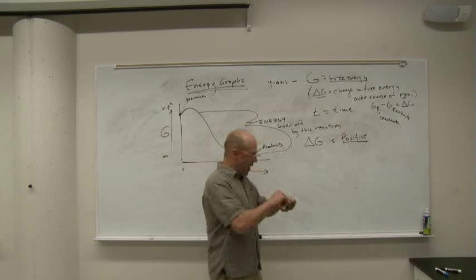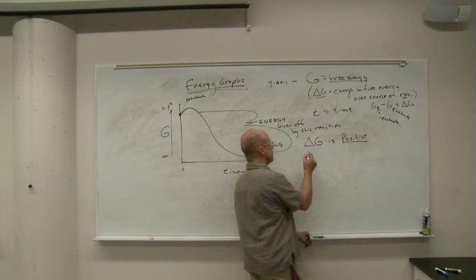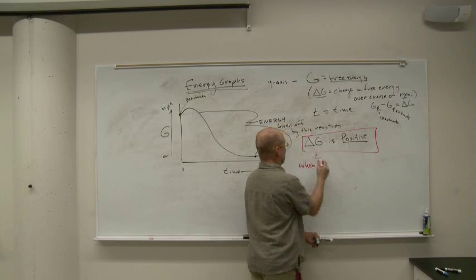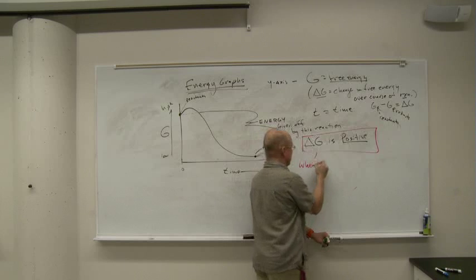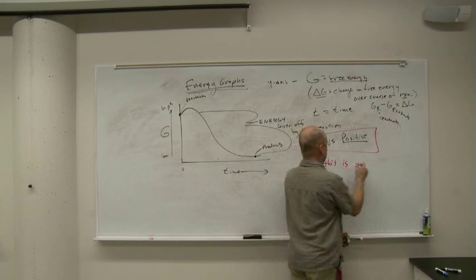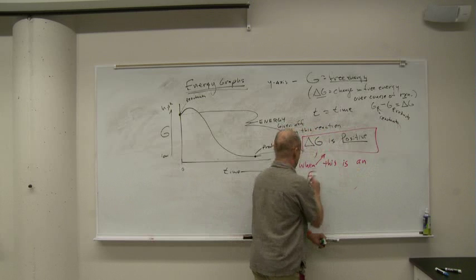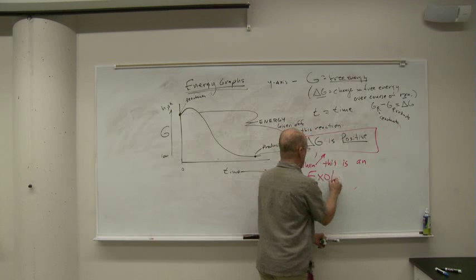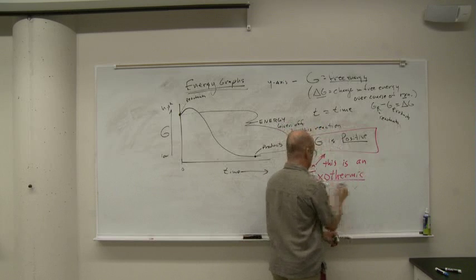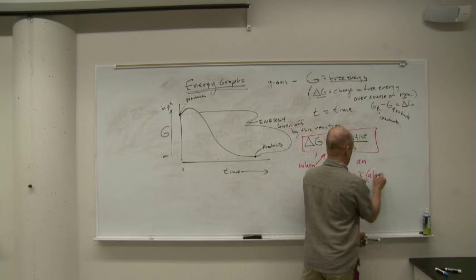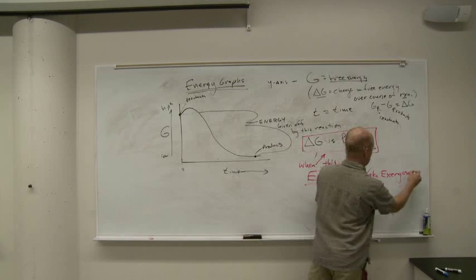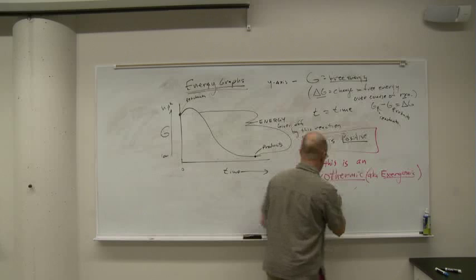So I'm going to change that and introduce this. When this occurs, when delta G is positive, this is called an exothermic, aka exergonic reaction.